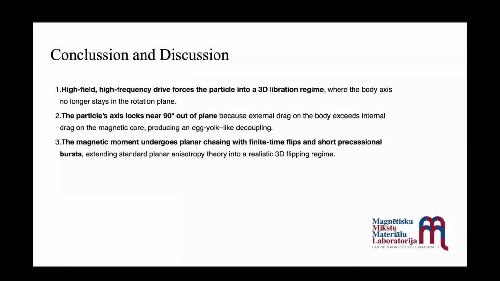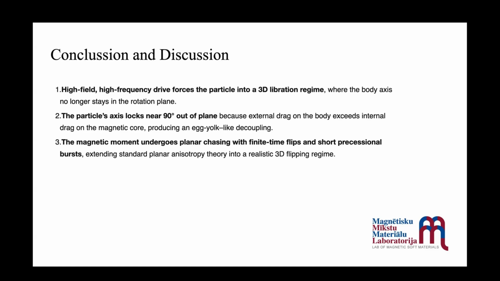Therefore, first of all, we observe this duality of regimes where the magnetical moment does not anymore stay in the XY plane and goes to the precession regime, as well as the back and forth movement. We observe that this particle stays close to 90 degrees, which aligns with extended theories with the inertia predictions.